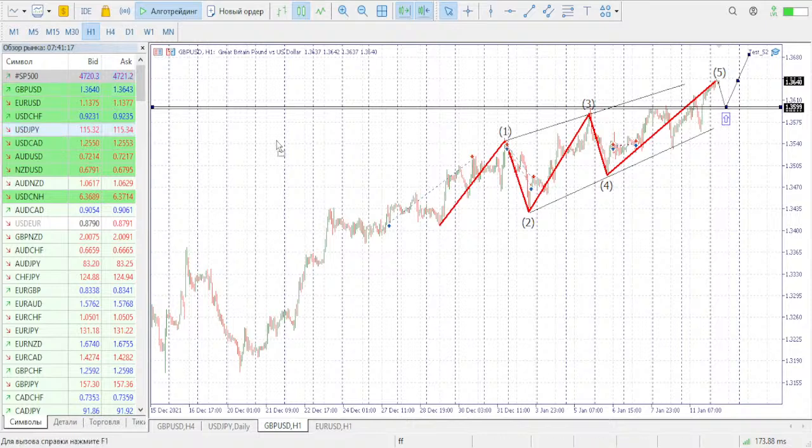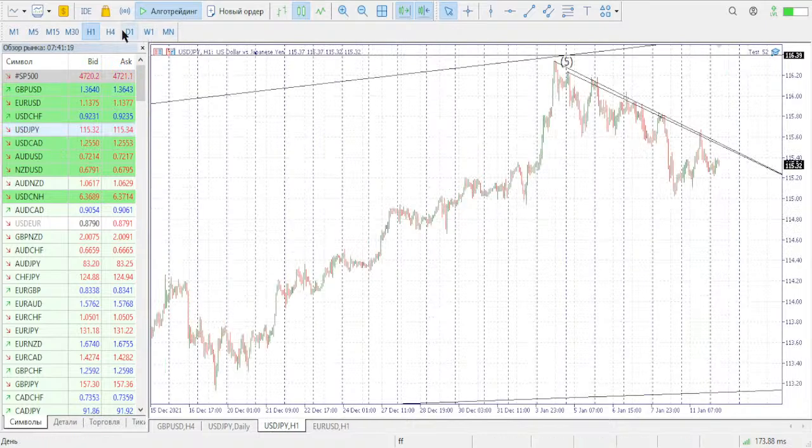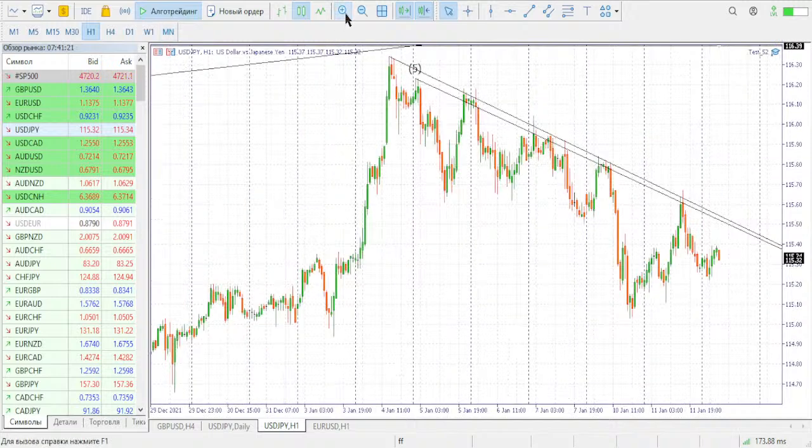Our next symbol, the US dollar Japanese yen. So on this chart, technically we're looking for a sell. We have a very good resistance here, and several more resistances here.